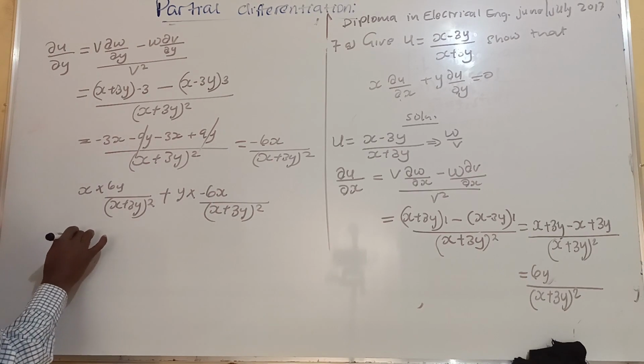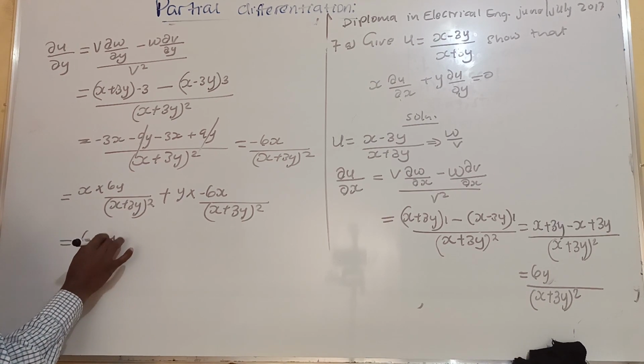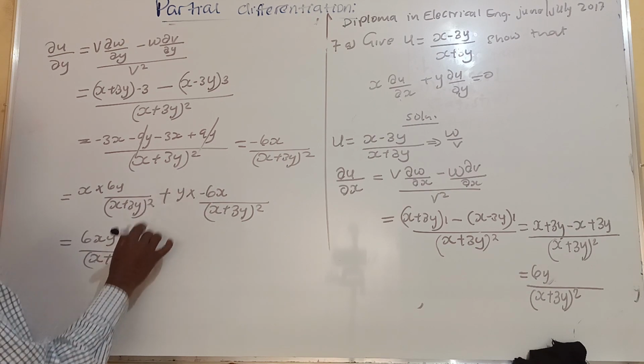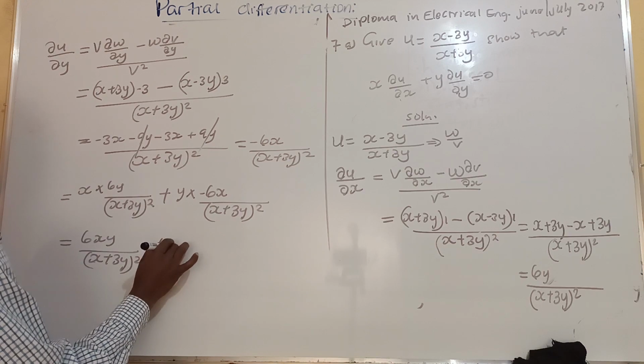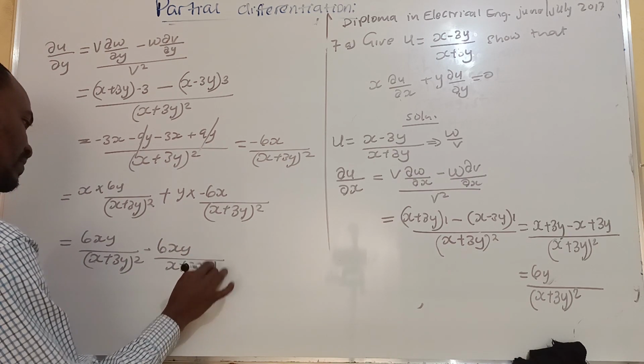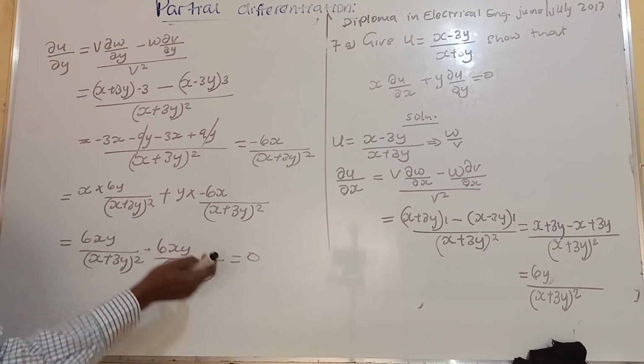This is now equal to 6xy over x plus 3y squared minus 6xy over x plus 3y squared, which will give you 0, because negative and positive give 0.